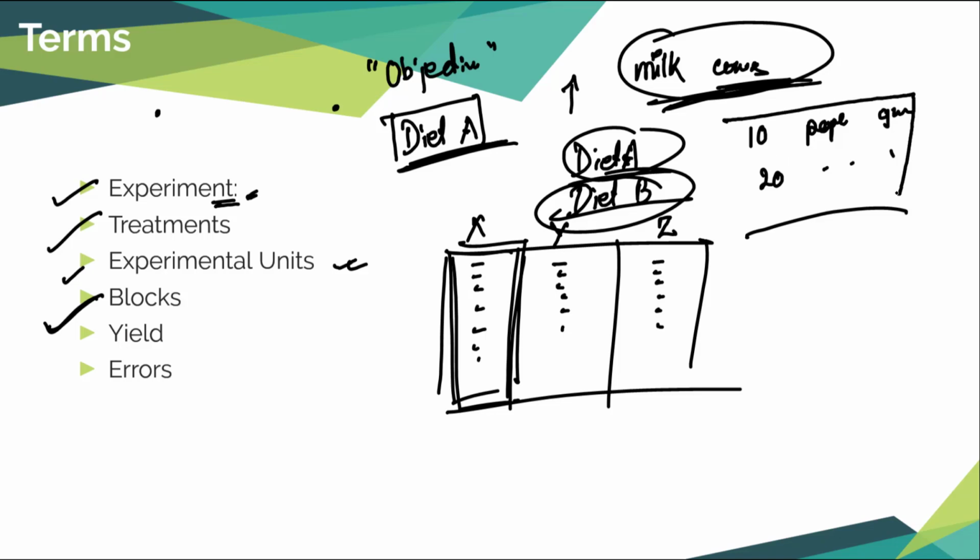Similarly, in this example of gym-going people, you may treat male and female differently because males and females have different kinds of body structure, different ways they gain or lose weight, right? And they have different objectives in visiting the gym. So if you treat all of them similarly, that will be a very heterogeneous experiment, and the conclusion drawn from that may not be very appropriate.